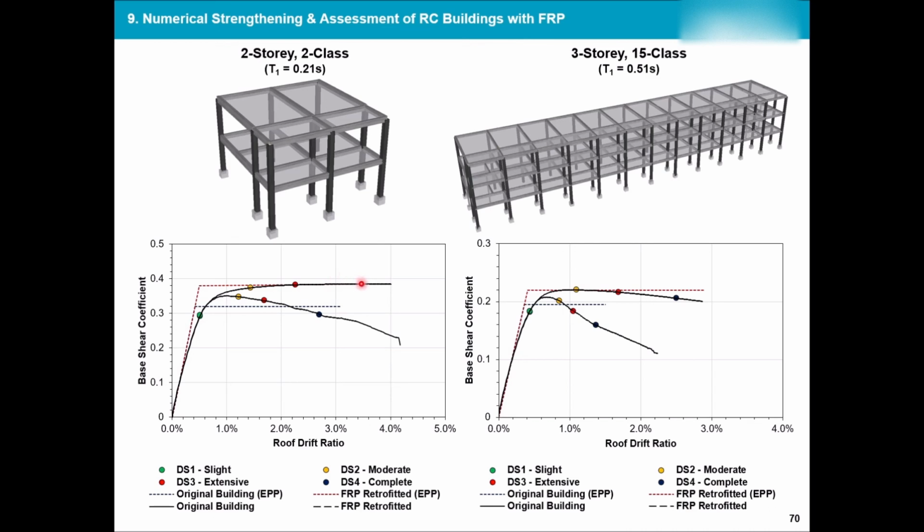Now we have taken it to 3.5%, or in this case much more improved, from 1 something to 2 something. So FRP has improved not only the strength, it has also added some ductility to the structure, so the complete failure, which is very dangerous for a school where the next generation of students are studying, has been shifted away from its previous capacity.